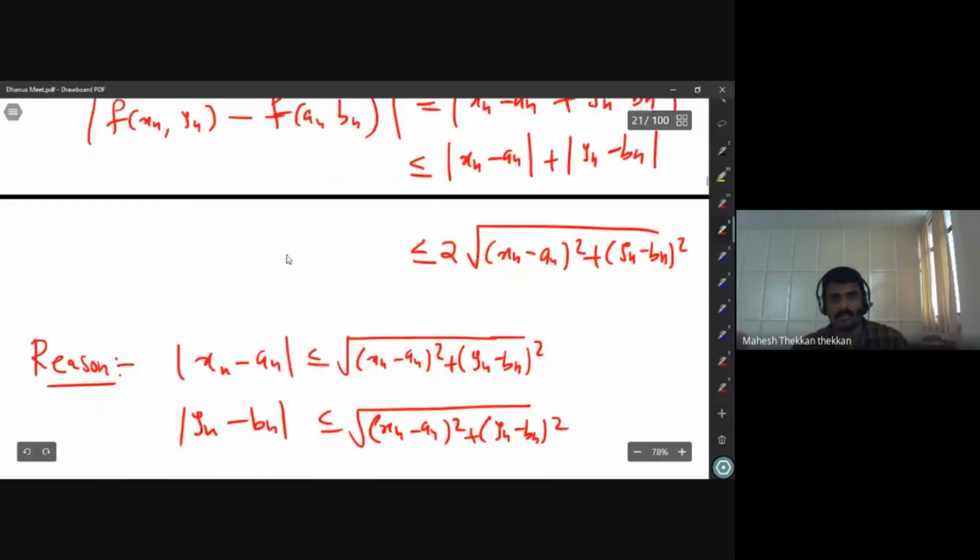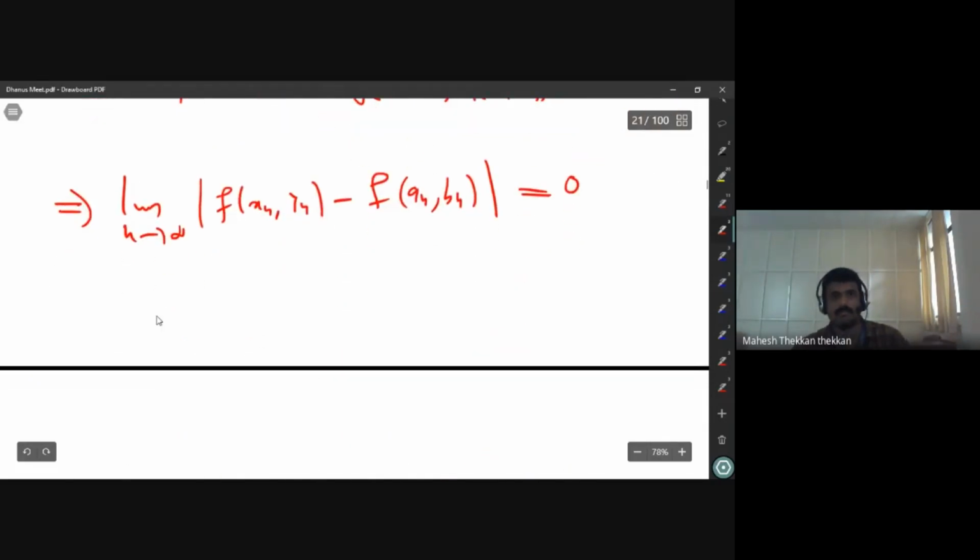So I got from here that this is less than or equal to 2 times this. As n tends to infinity, this will be 0. So this has to be 0. So what I get is limit n tends to infinity modulus of f of (xn, yn) minus f of (an, bn) has to be 0, which means f is uniformly continuous.